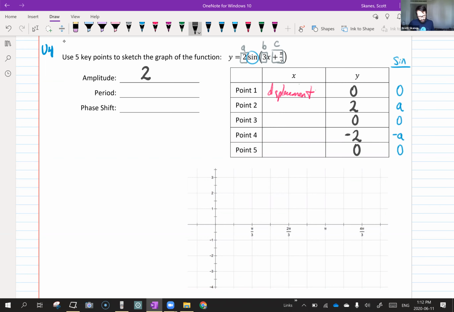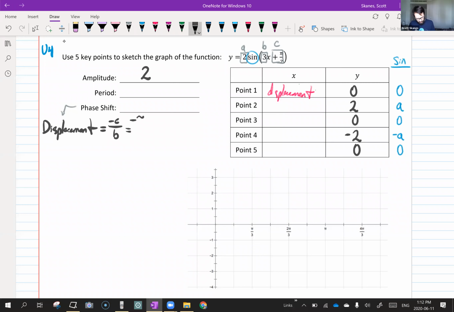What I need now is period and phase shift. I know my displacement needs to go here, so I'm going to get displacement first. Doesn't matter which one you do first, as long as you get all the pieces, but let me just do displacement. That's also called phase shift. Displacement is negative c over b.